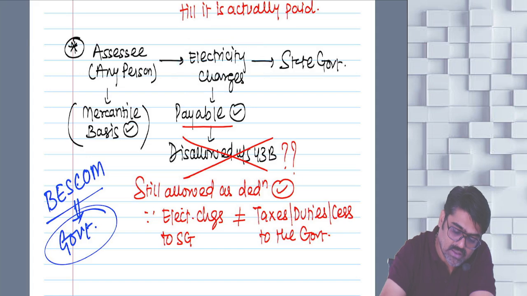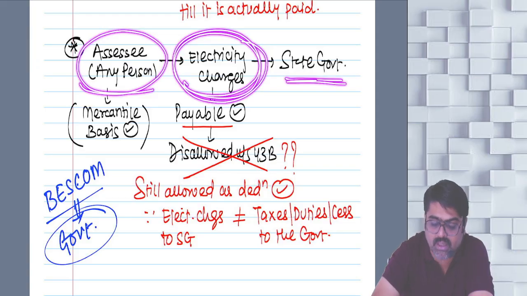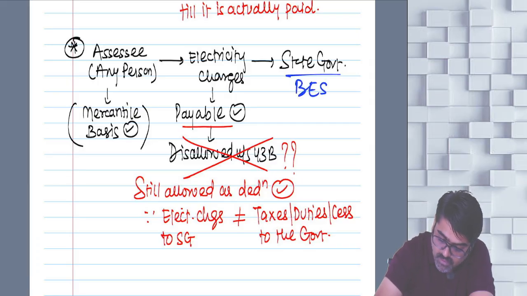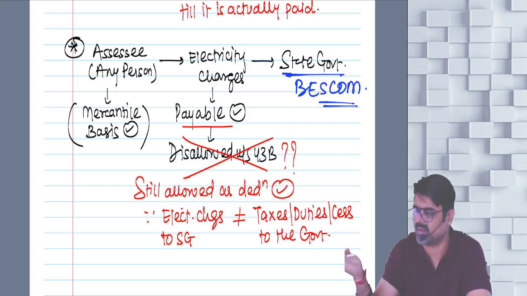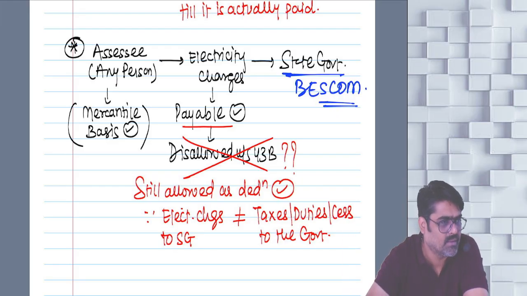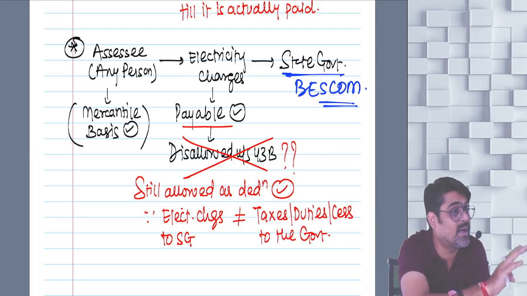So, if you are an assessee and electricity charges are payable to BESCOM, which is as good as a government undertaking, have you actually made the payment? No. Still these electricity charges will be allowed as a deduction, because you cannot apply 43B on them. 43B will be applicable only in the case of CTBILR. That's it.